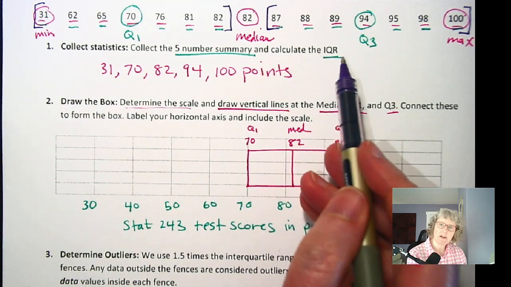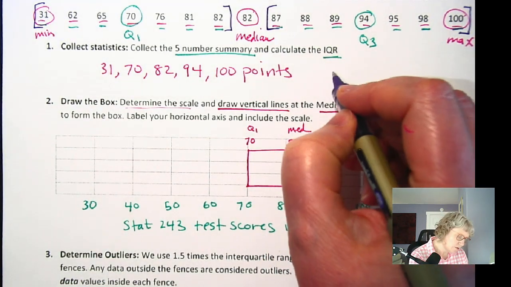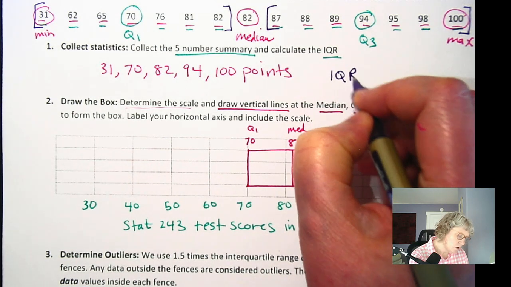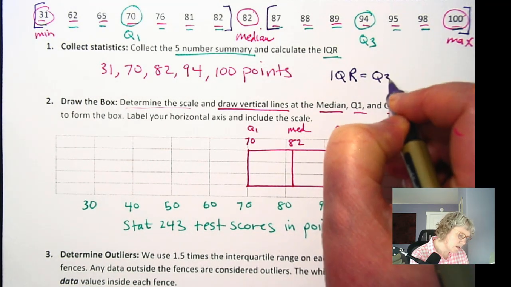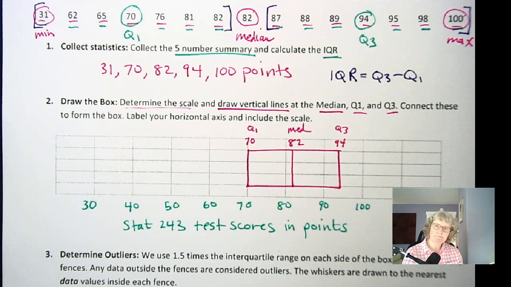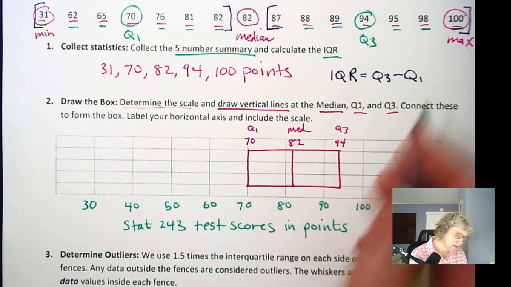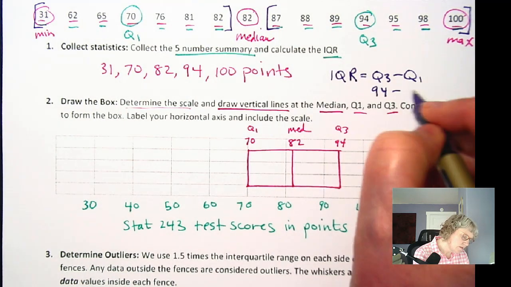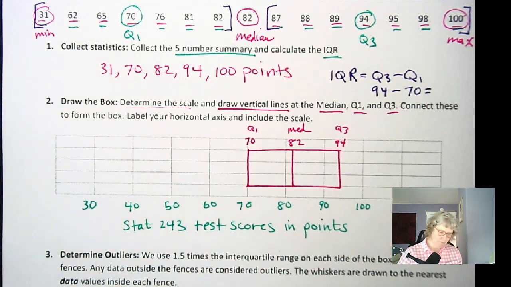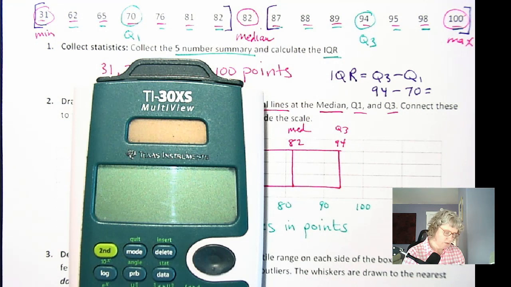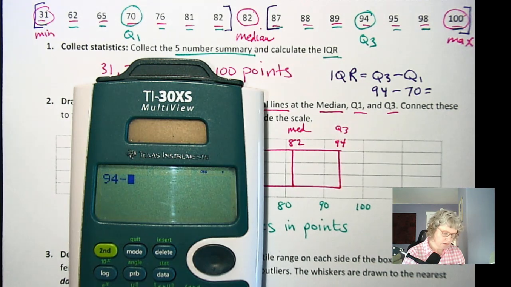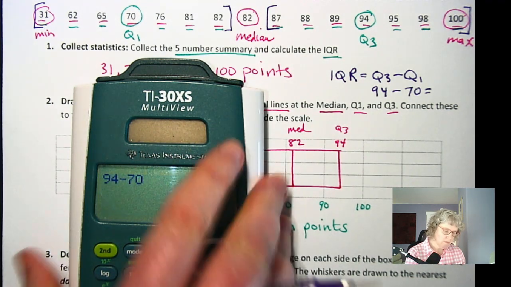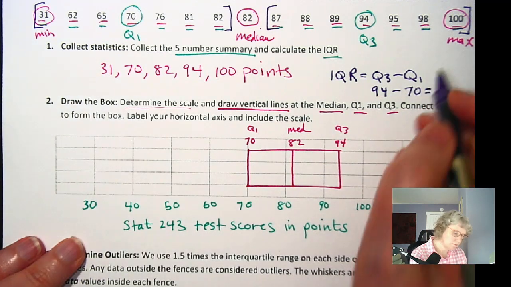So it also said to calculate the IQR. Let me go back up here and do this. The IQR is Q3 minus Q1, so I'm going to subtract 94 minus 70. Let's see what that is. 24 points.